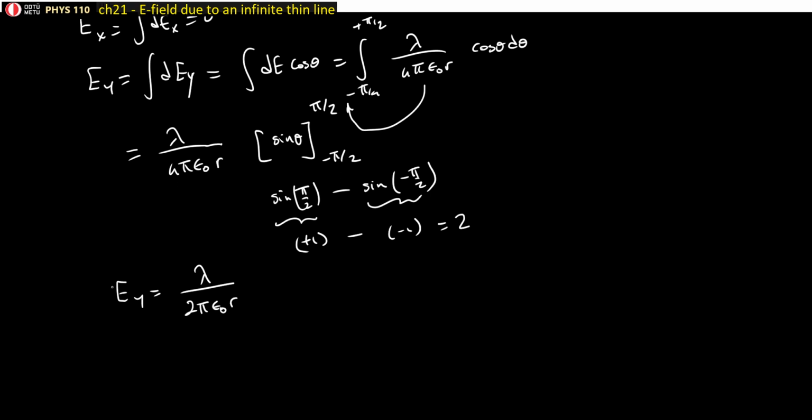I know that this is also the same thing as the magnitude of the radially outward component of the electric field. Instead of saying magnitude, we should actually say it like that, or the y component. So therefore this is what I write. Okay, so that's the whole problem.